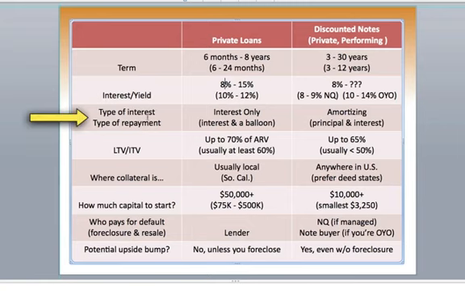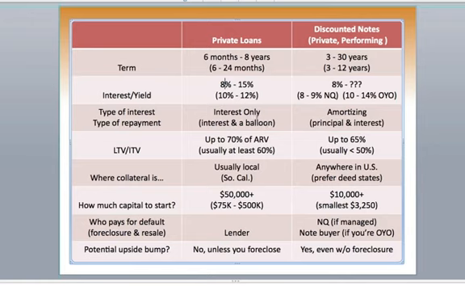Okay, type of interest, the type of repayment, these are almost always interest only. Okay, that means you get your interest payment each month and that you get a balloon payment that was equal to the loan that you made. There are some exceptions, obviously. I mean, just two months ago, I funded a private loan that was amortized over 30 years, due in 5.